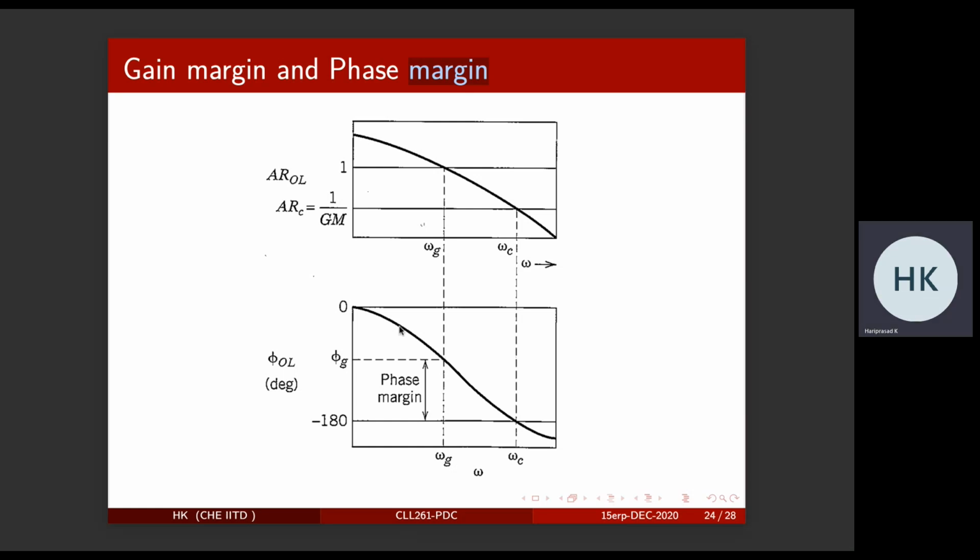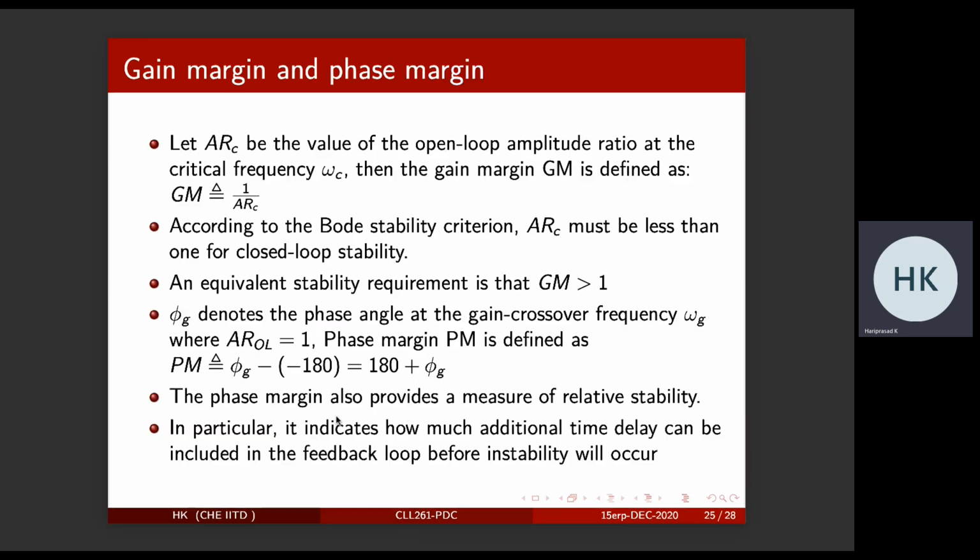The point where it cuts the phase angle, projected on the y-axis, is called phi g. The phase margin is the difference between this phi g and minus 180, which is 180 plus phi g.